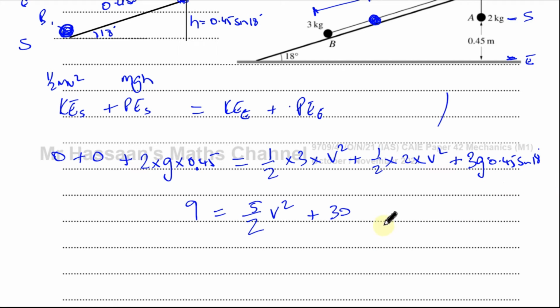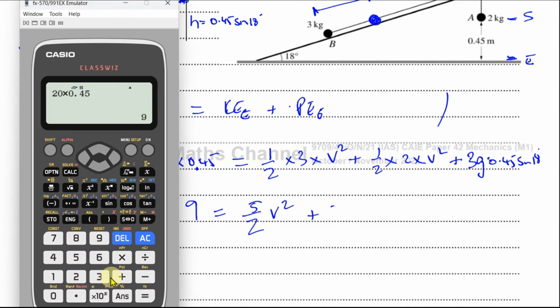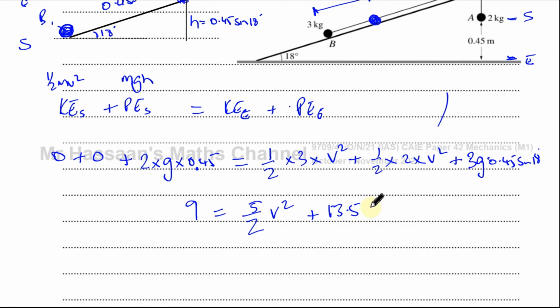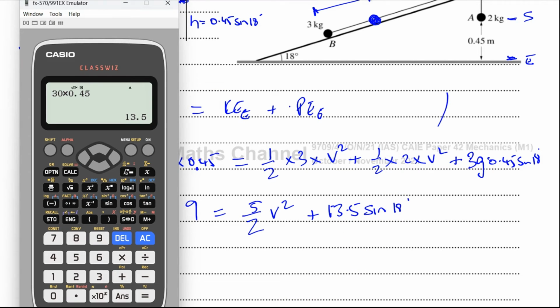So I'll keep it in terms of sine 18. 30 times 0.45, that's 3g, gives us 27 over 2, which is 13.5 sine 18.